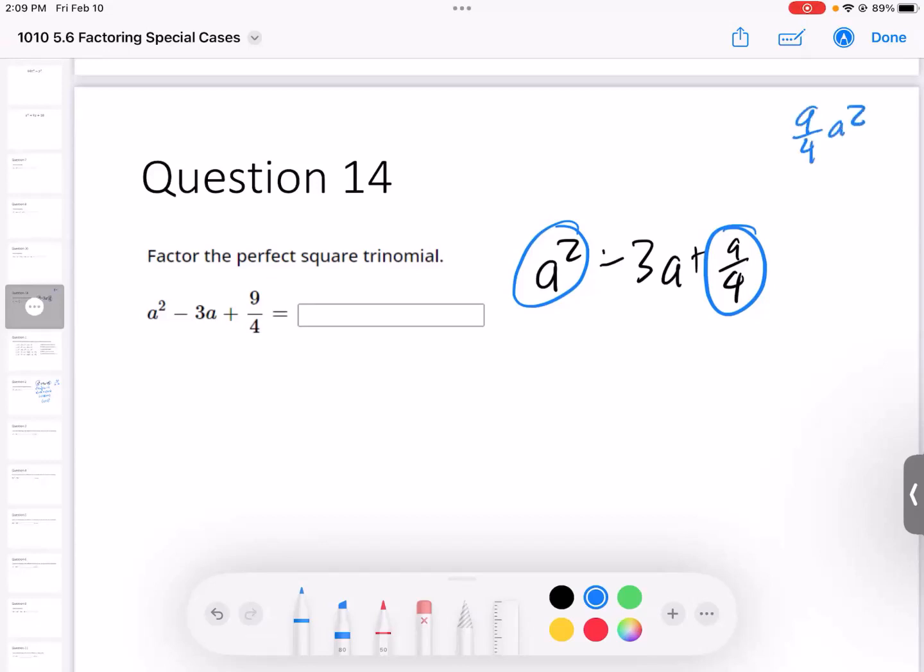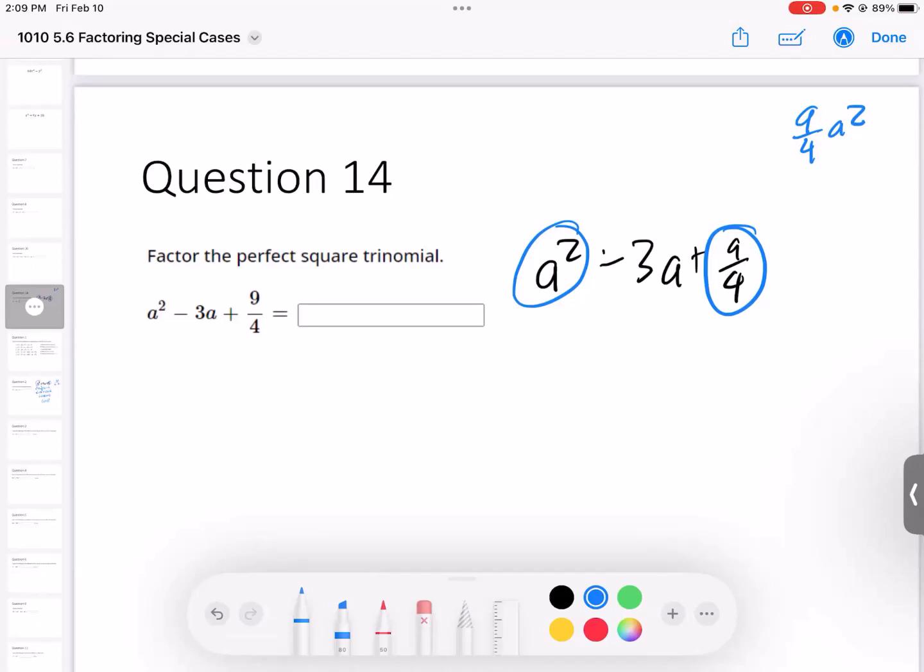And I need to find two things that multiply to that and add to -3. And because they told me it's a perfect square trinomial, I know that those two things are going to be the same thing.